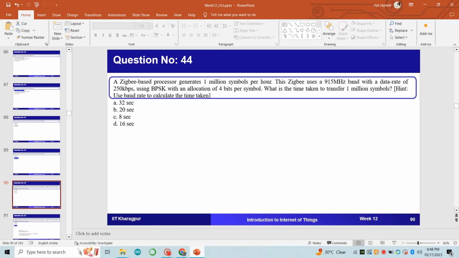I don't know this question. Okay, anyone who knows how to solve this?